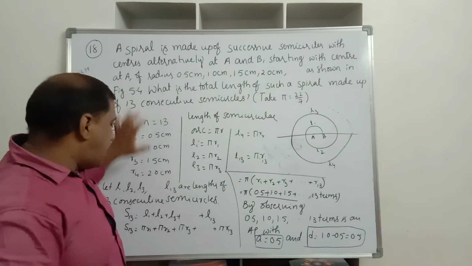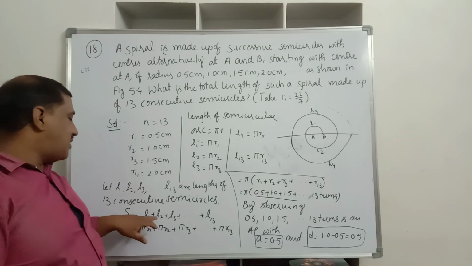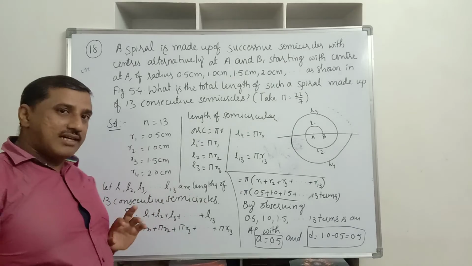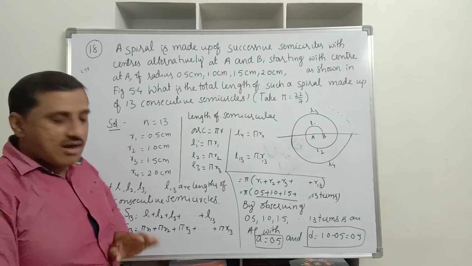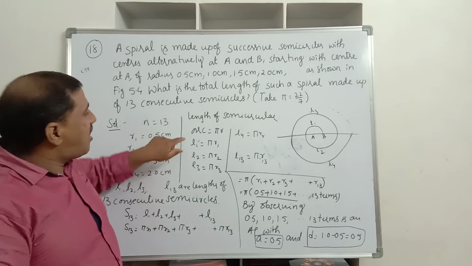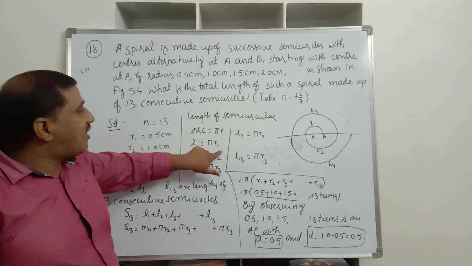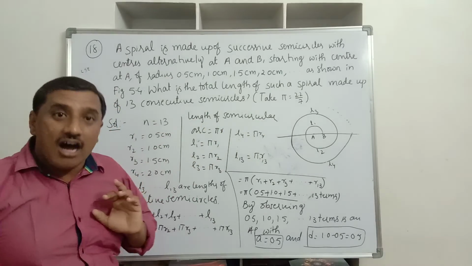So the total length of these 13 semicircles will be L1 plus L2 plus L3 and so on up to L13. L1 is the length of the first semicircular arc, L2 is the length of the second semicircular arc. L1 is pi r1, since the length of a semicircular arc is pi r.